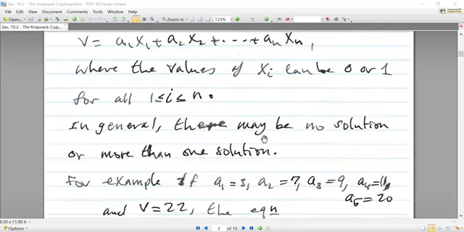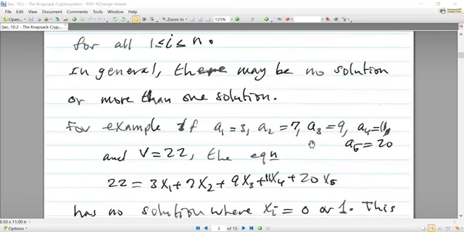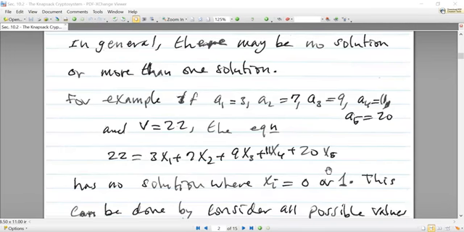In a given knapsack problem, there may be no solution, or sometimes there is more than one solution. Let's look at a couple of examples. For example, take A1 to be 3, A2 7, A3 9, A4 11, A5 20, and the volume to be 22, where you're looking for a solution with each xi taking the value 0 or 1.